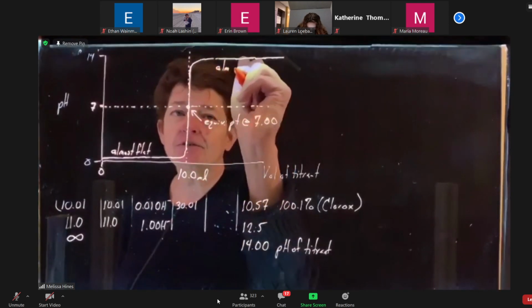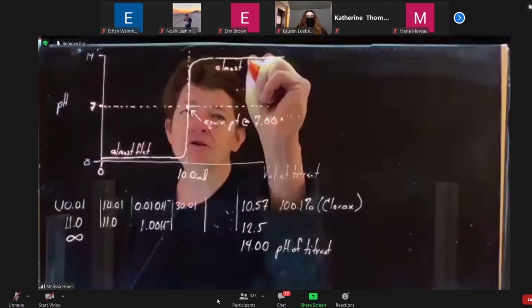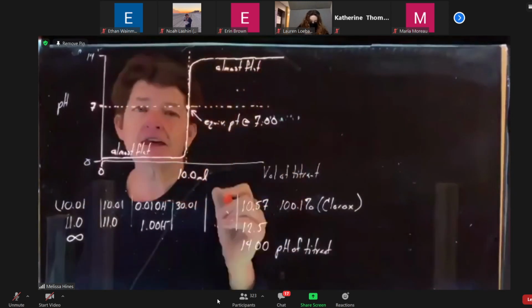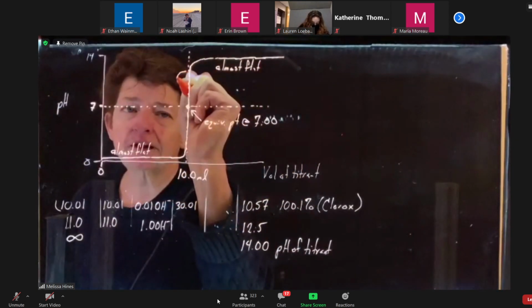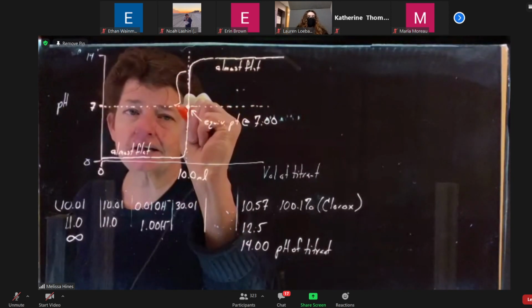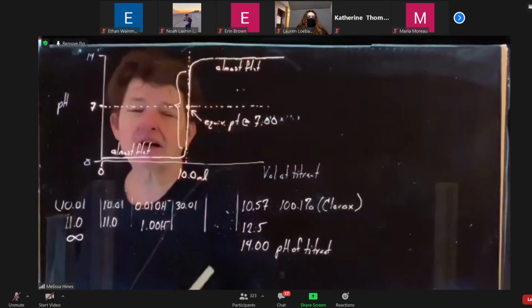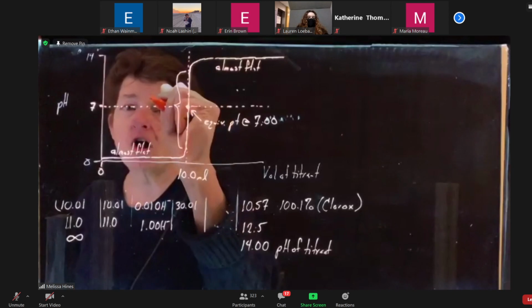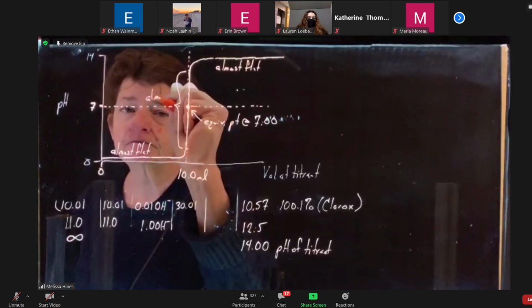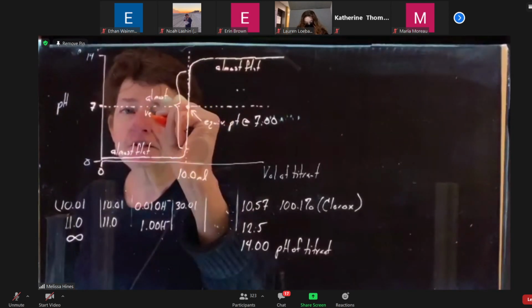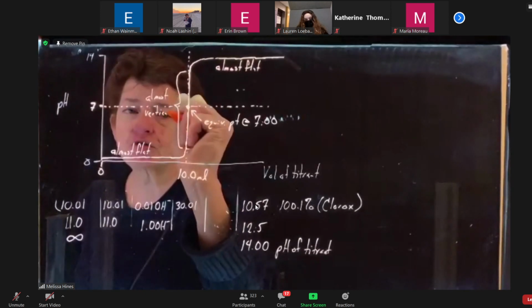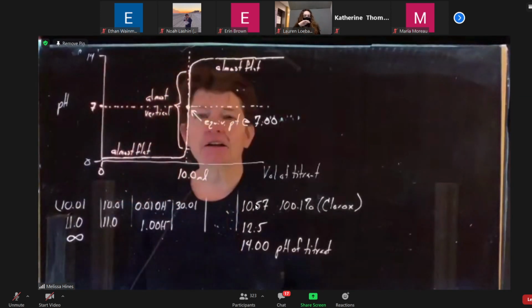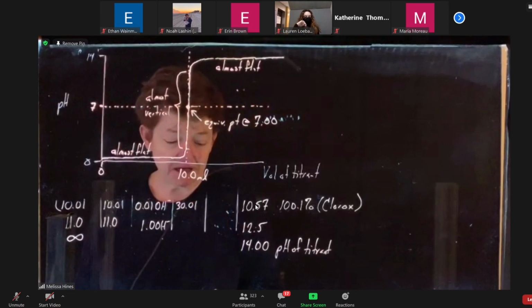Same thing afterwards. You're going to be almost flat. And then around the equivalence point, things get very exciting. This is going to be where this line is going to be almost vertical. So your pH changes dramatically over a very small amount of added base.